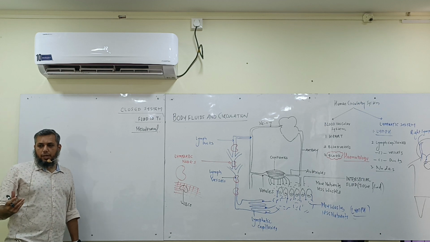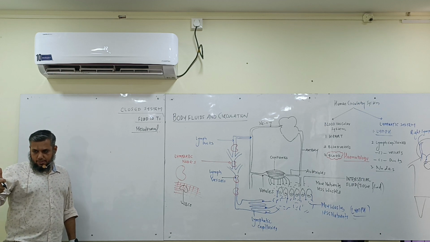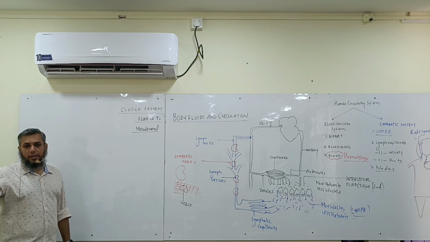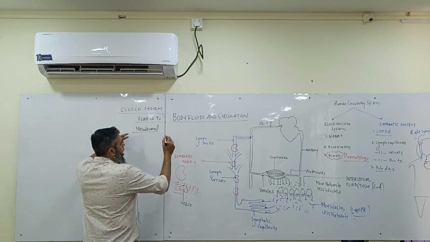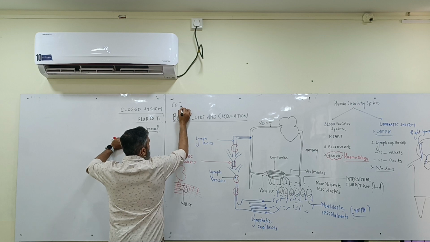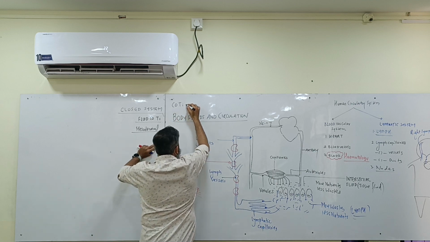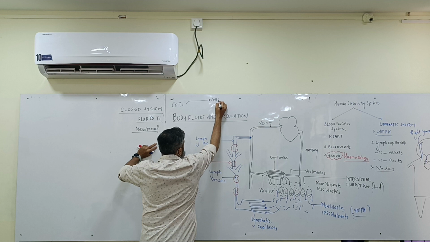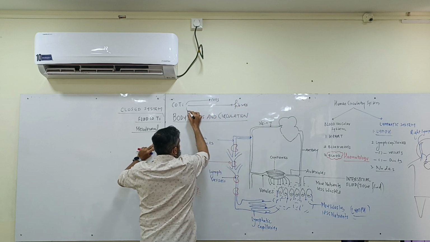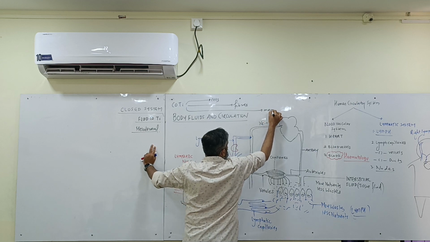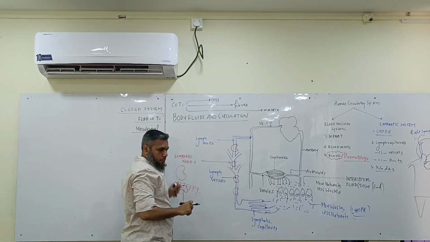So what is the specialty of a connective tissue? It has cells, it has fibers, it has matrix. I told you that every connective tissue will show the presence of cells, fibers and matrix.